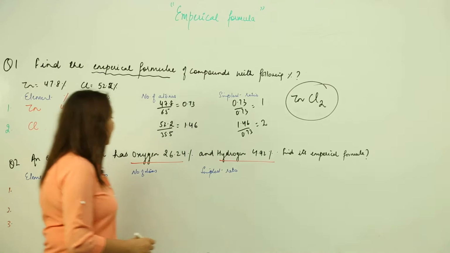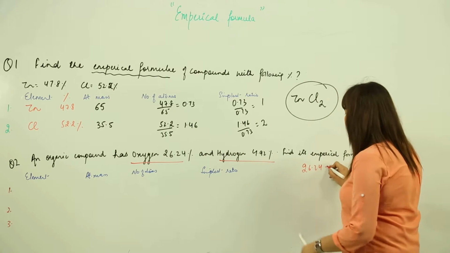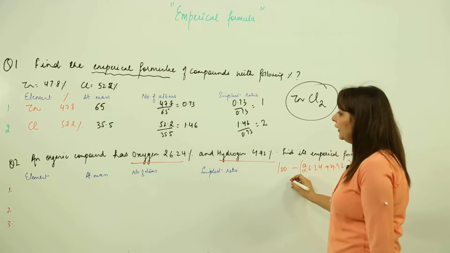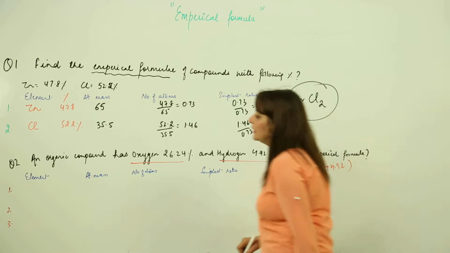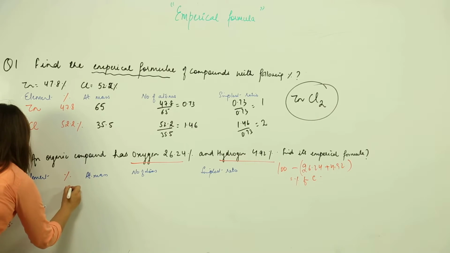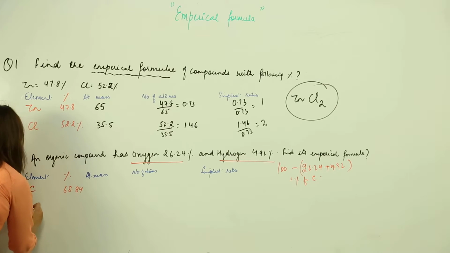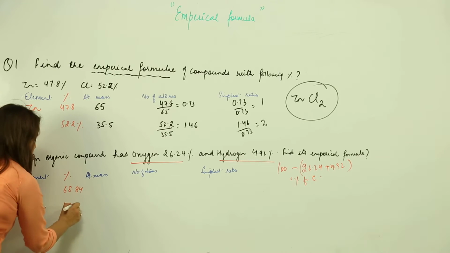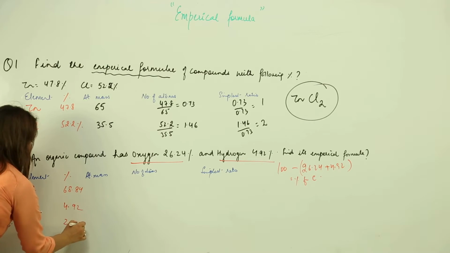If the percentage of oxygen is 26.24 and hydrogen is 4.92, we subtract them from 100, and we get the percentage for carbon. Let's write it here. This is our carbon; the percentage comes out to be 68.84%. For hydrogen the percentage is already given, 4.92, and for oxygen it is 26.24.